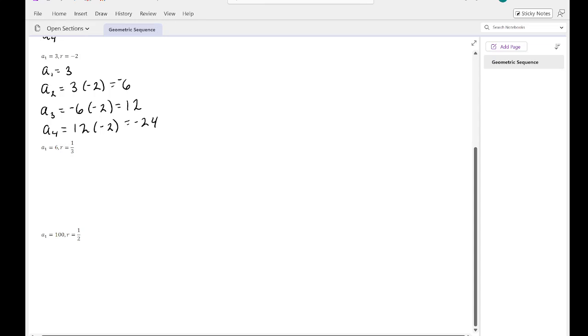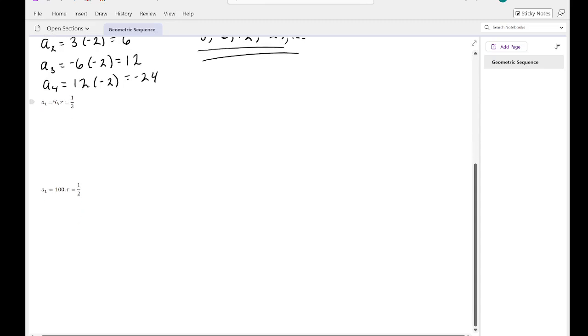So it's going to toggle back and forth with each subsequent term. In any case, the first four terms are going to be 3, negative 6, positive 12, negative 24, and so on. As you multiply each term by negative 2, you get the next. But here are the first four terms.